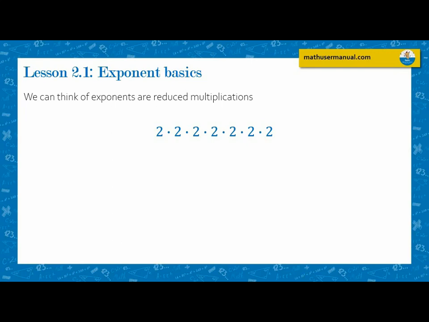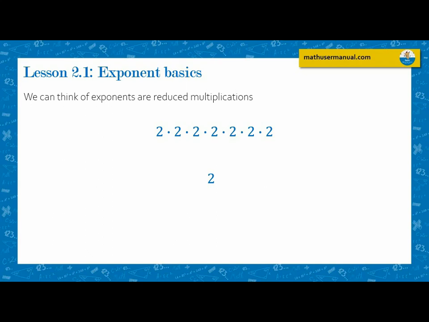It's a very long multiplication, but we can reduce it by using exponents. First of all, we're multiplying just a lot of 2's. So the base of the exponent is the number we're multiplying. So we write all those 2's into just one of them, and that's the base of our exponent, a 2.